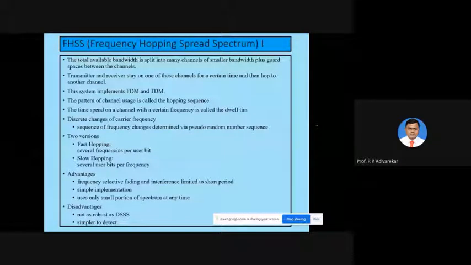Interference between two consecutive channels is known as adjacent channel interference, that is nothing but ACI.